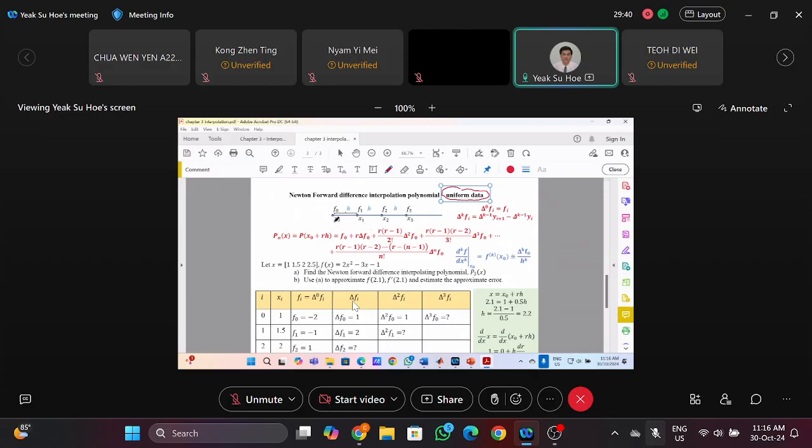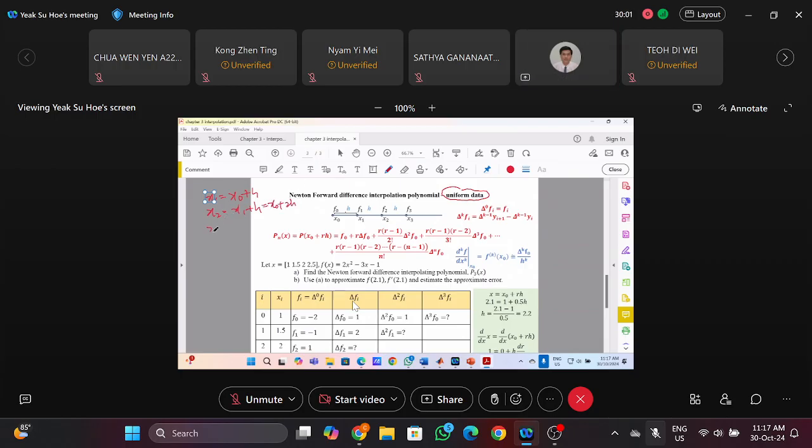Uniform means x0, x1, x2, x3 have an increment h. In other words, x1 equals x0 plus h, x2 equals x1 plus h, which equals x0 plus 2h. So x3 equals x0 plus 3h. x0 is the initial value. So this is the function input data.